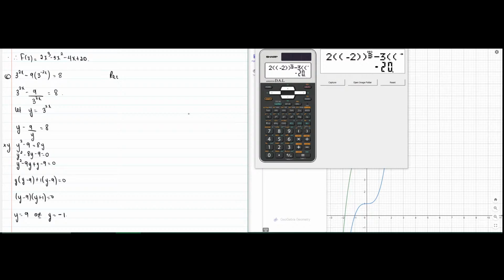Recall that y is equal to 3 to the power 2x. So I have 9 is equal to 3 to the power 2x. I have 3 squared is 3 to the power 2x. The bases are the same.